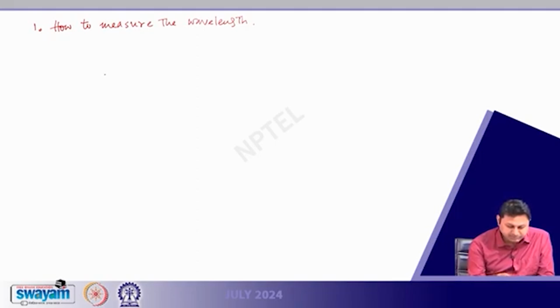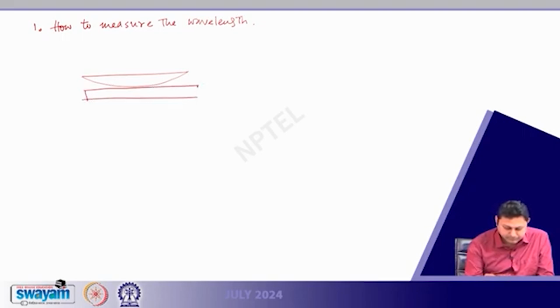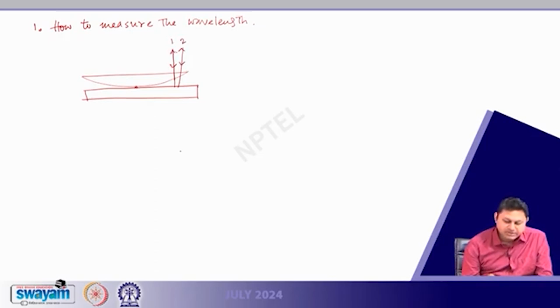So this is the structure. These two rays will interfere and form a bright ring or dark ring.